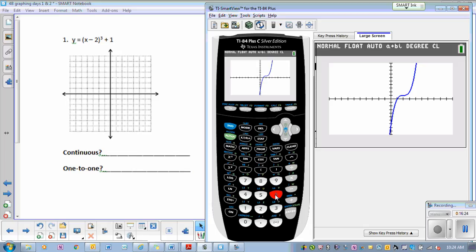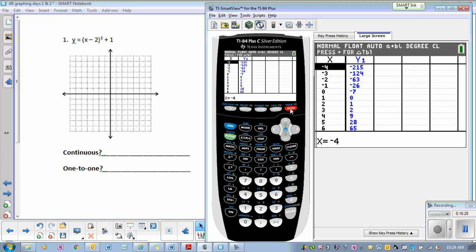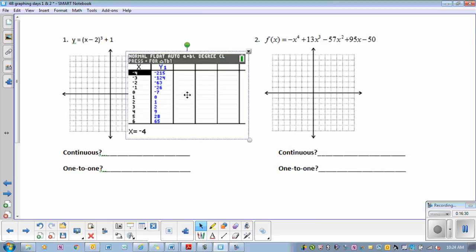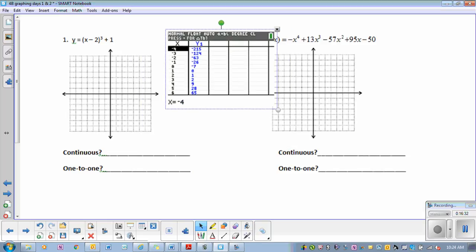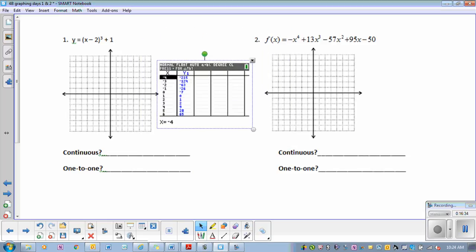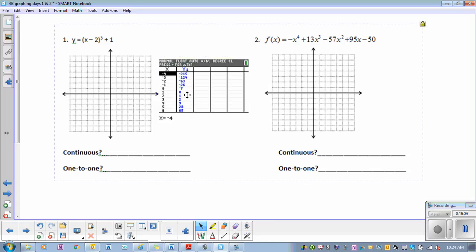All right, that's what it looks like. Let's go and get some points. You know, the only points that I can actually really graph are from 0, -7 to maybe 4, 9. You know, and that's stretching it a bit.